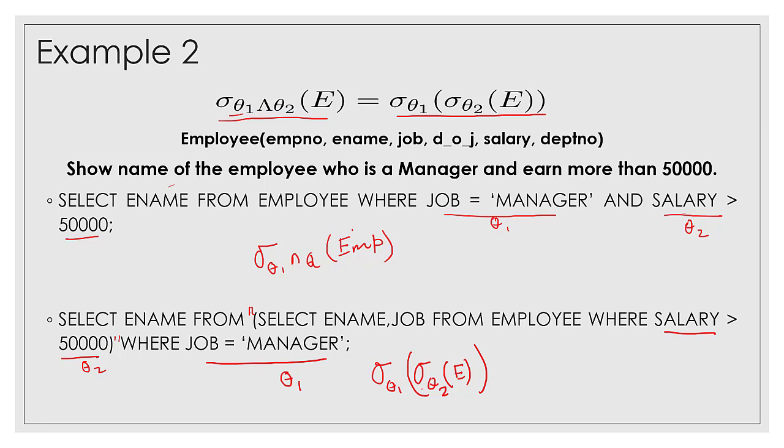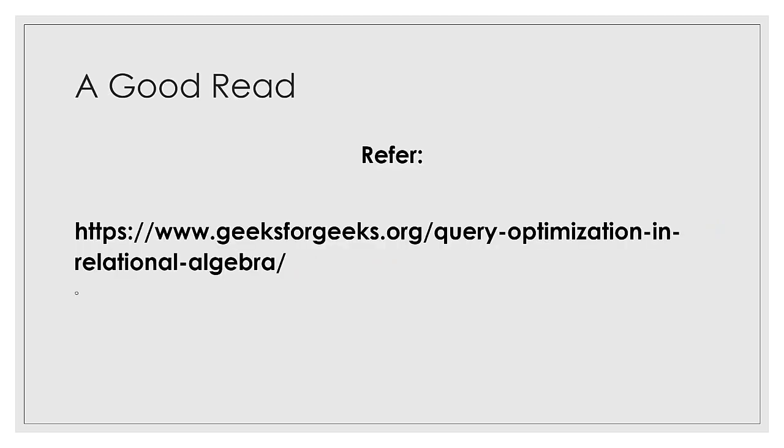Now I recommend you to go to this link so that you will have a good idea about all the 12 equivalence expressions and how they can reduce the cost of the query.